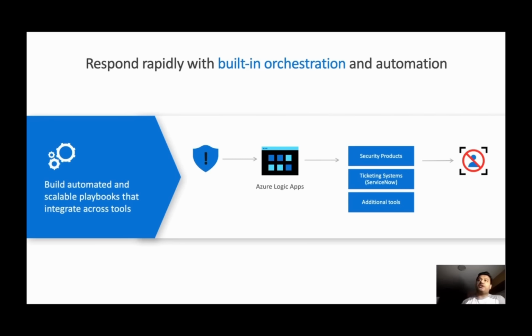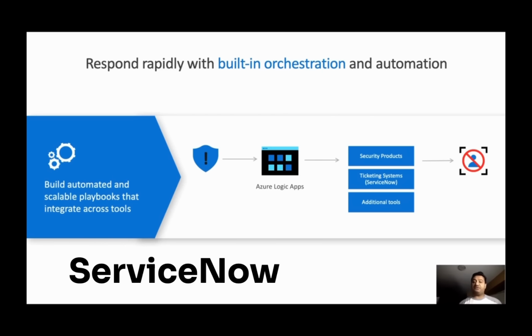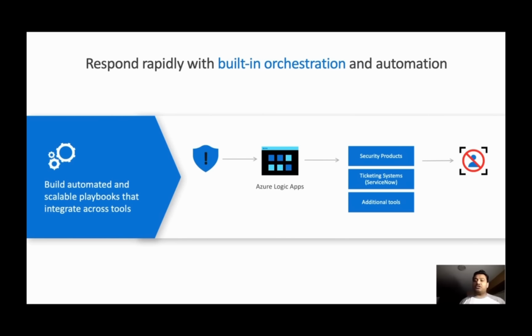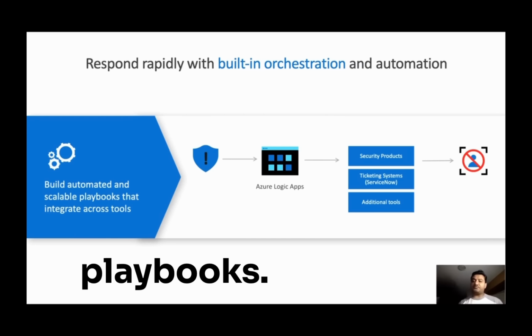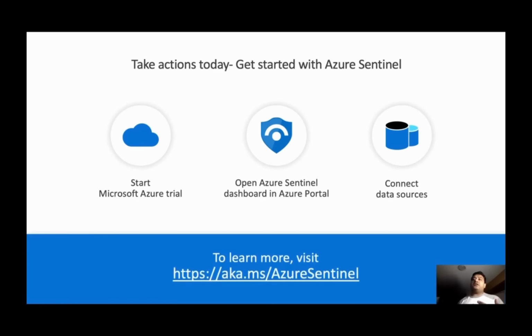So for example, you can create some logic apps, and you can configure them to send you an email, or even to take some actions. You can even integrate those Azure logic apps and send emails to your service desk or maybe ServiceNow or a different workflow. So basically, that is the capability using playbooks. And that being said, if you need more information, you go to the Azure Sentinel website.